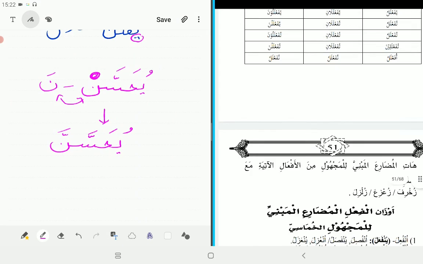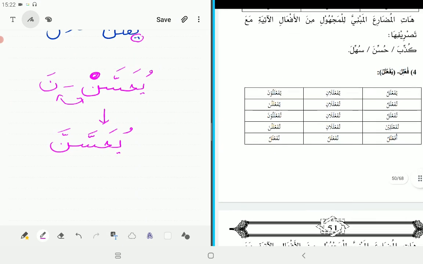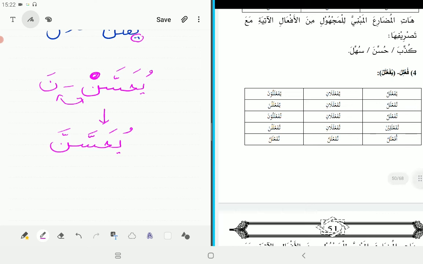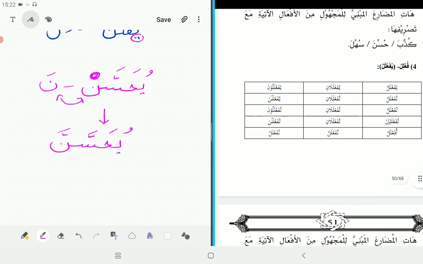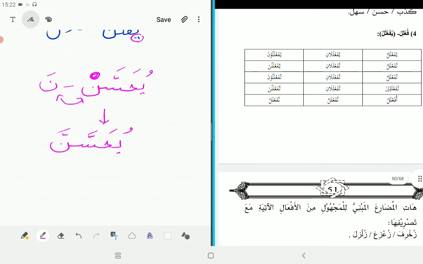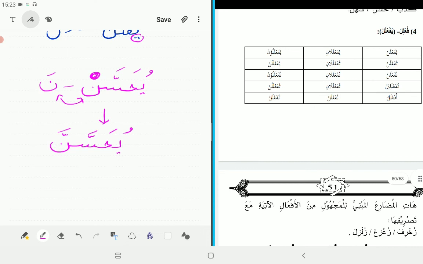So we had reached يفعلل. تفضل in the conjugation. زخرف. يزخرف يزخرفان يزخرفون تزخرف تزخرفان يزخرفن. تزخرف تزخرفان تزخرفون تزخرفين تزخرفان تزخرفن أزخرف نزخرف. جميل.